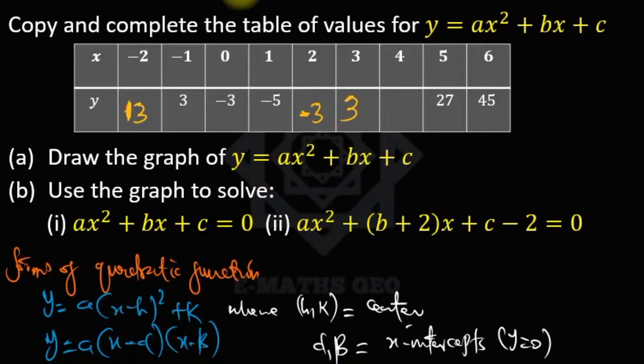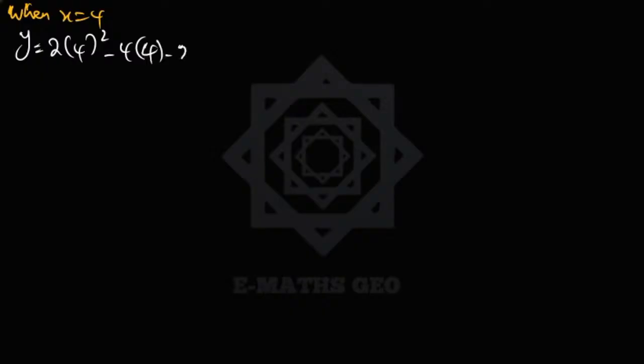So the last point now, when x is 4. So y is now equal to 2 times 4 squared minus 4 times 4 minus 3.